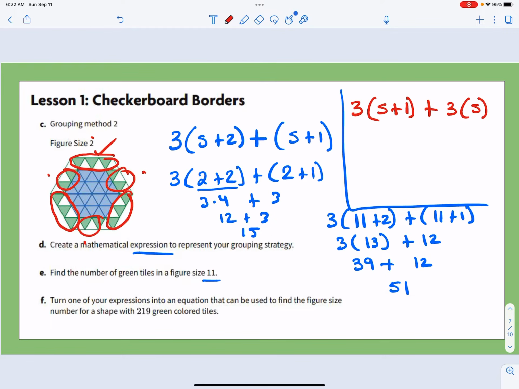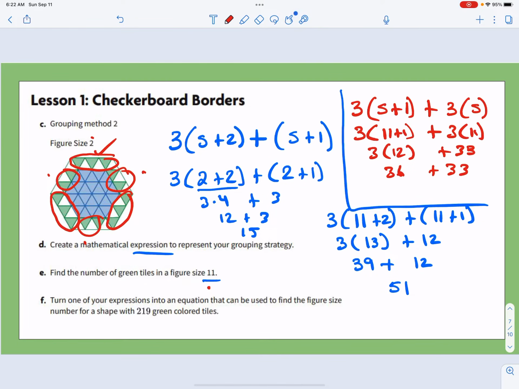There you go. All right, so 3 and 3. And in doing that, if I was to plug this 11 in here, I get a different solution. So let's see what's going on. I have 11 plus 1 plus 3 times 11. That becomes 3 times 12 plus 33, which is 36 plus 33, which is going to be 69.